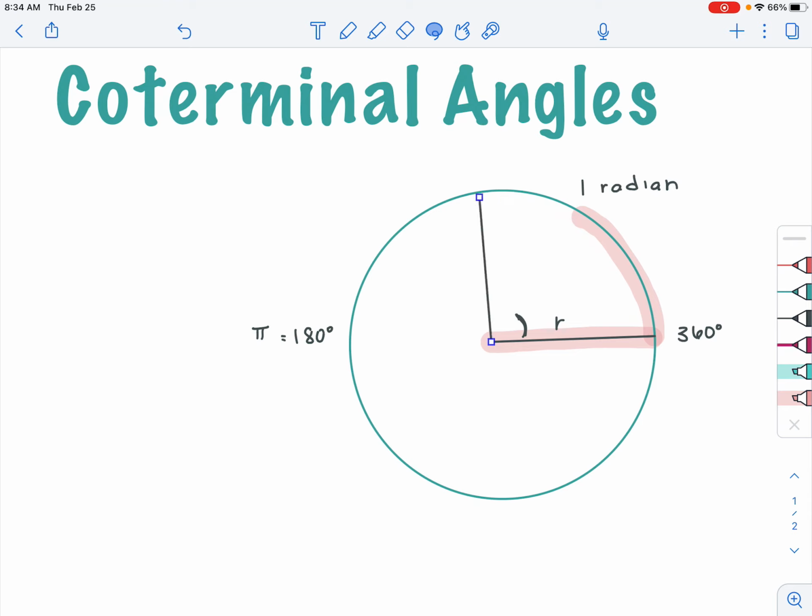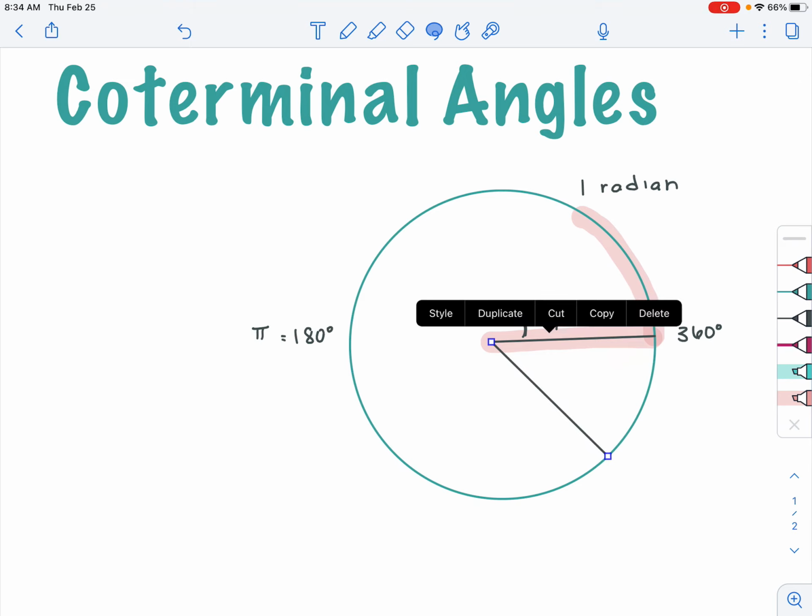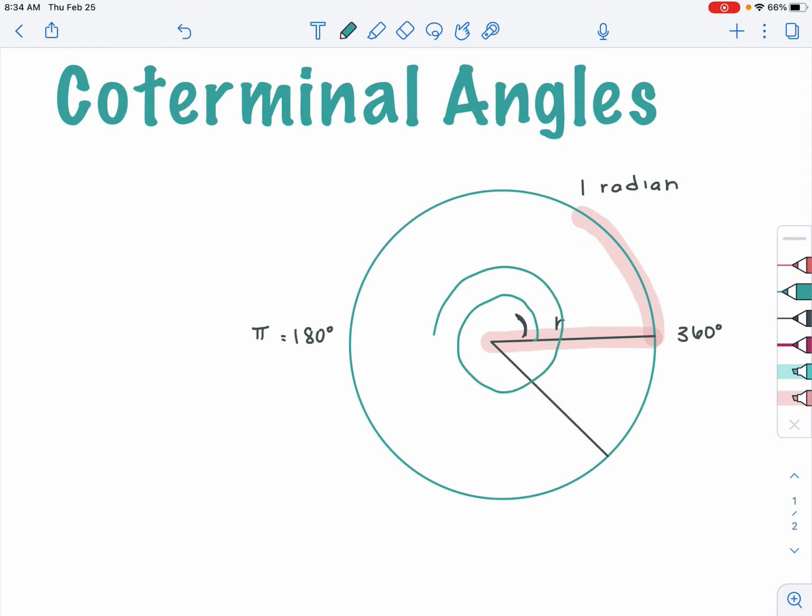As I continue to spin my terminal side around the circle, I get all these coterminal angles, angles that look like they're in the same place if I stop moving it, but because I spun the terminal side around multiple times, the angle measure is a lot bigger.